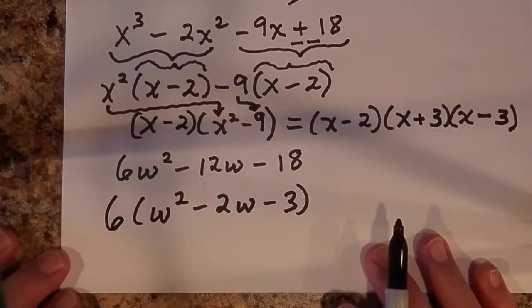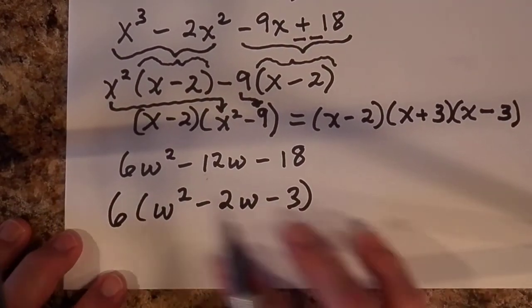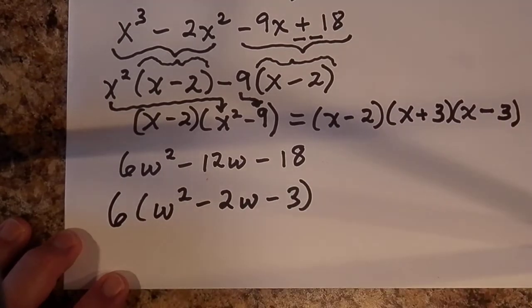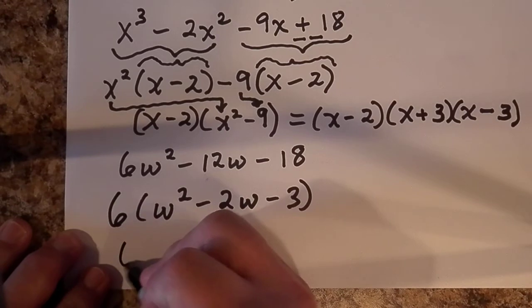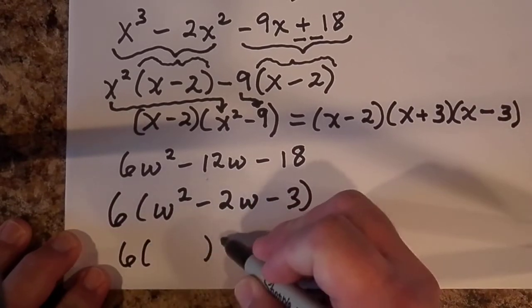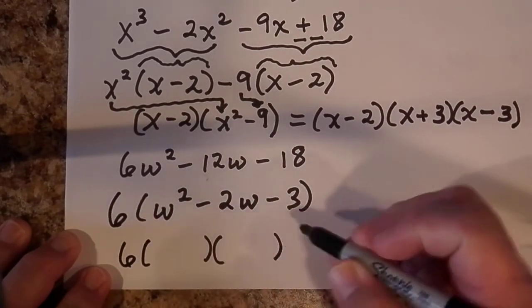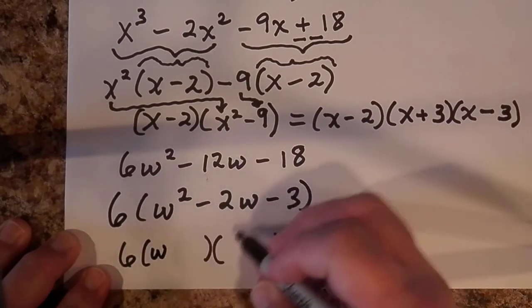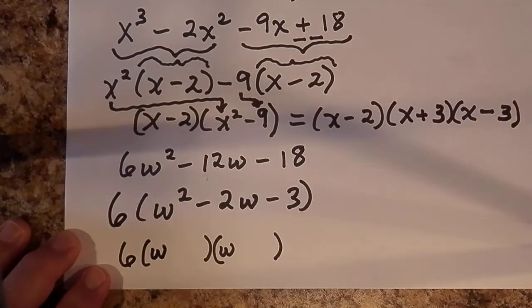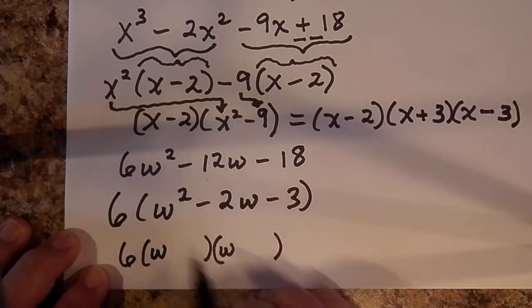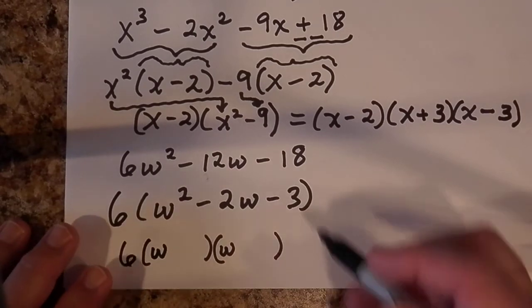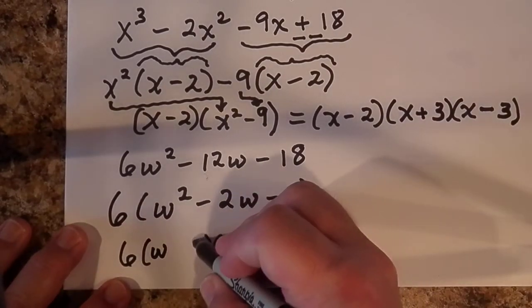Now we're going to undo the FOIL process for this polynomial that remains inside the parentheses. We're undoing FOIL, so we know we've got to have 2 sets of parentheses. W times w makes w squared. 3 is pretty easy to break apart into factors.